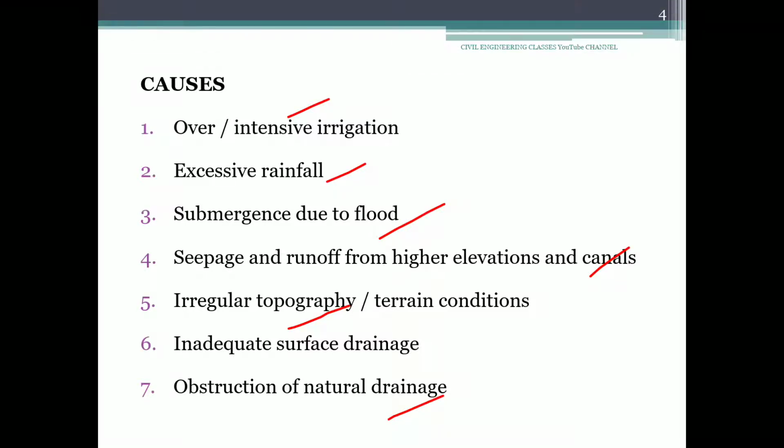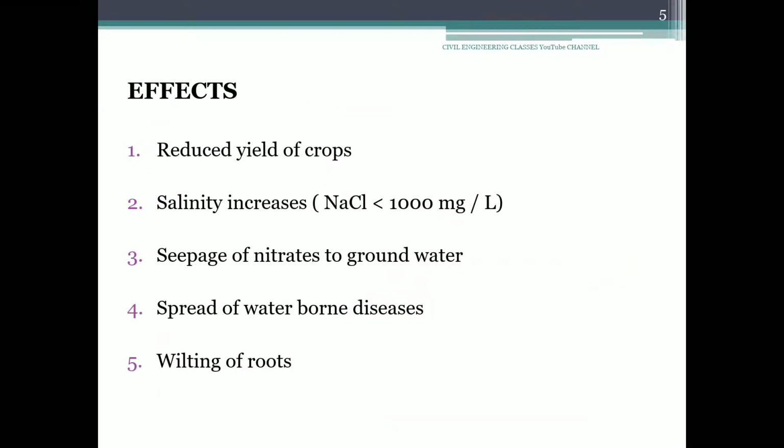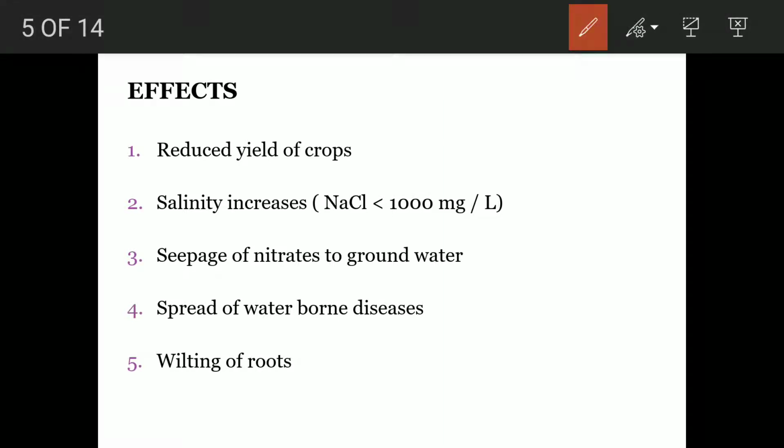Its effects include a reduction in the yield of the crop. Obviously, we have discussed that water logging will lead to less productivity of the land. That will lead to reduction in the yield of the crop. This also increases the salinity of the soil. That means the soil contains so much salt in it.